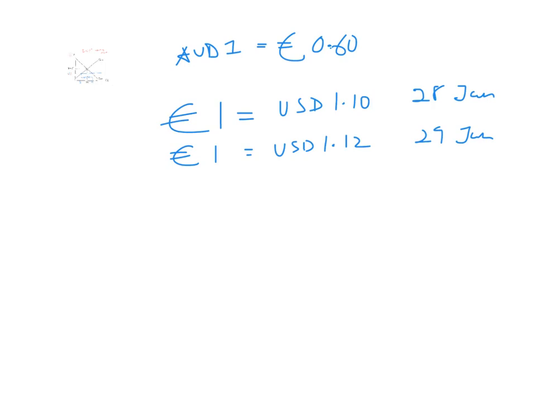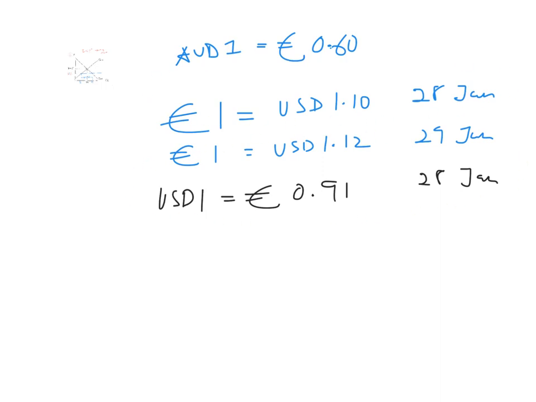If you just hang on a second, I'll get a calculator out, we can calculate that. Right? Because you can look at it from the other point of view. On the 28th of January, when 1 euro was worth $1.10 US, that means $1 US was worth, with rounding, 0.91 euro. Right, so these two are saying essentially the same thing.